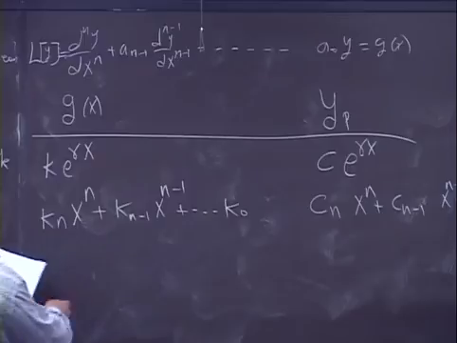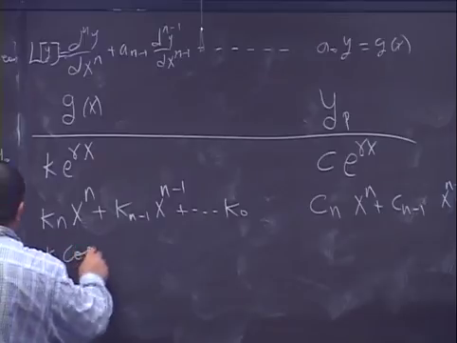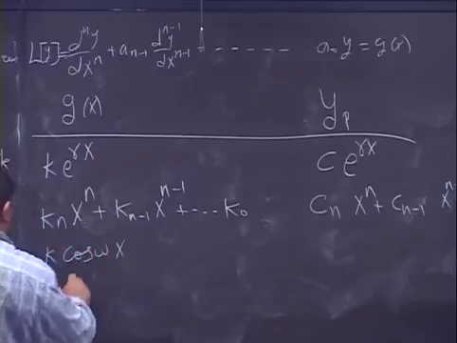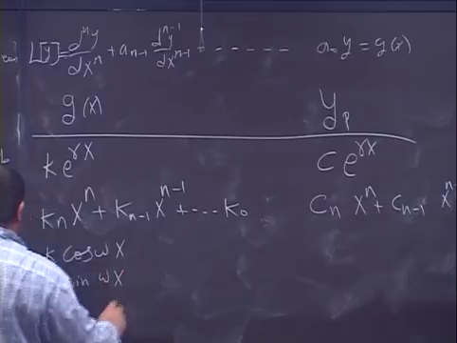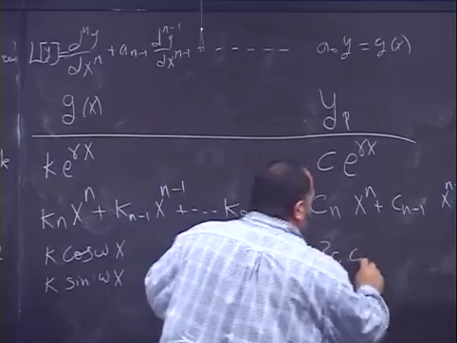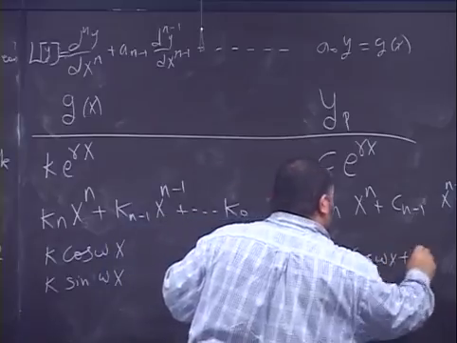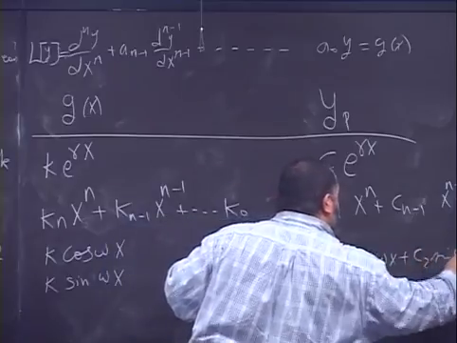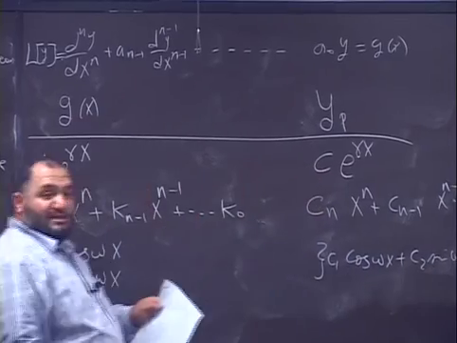So what if your function is k cosine omega x or k sine omega x? You will look for solution C1 cosine omega x plus C2 sine omega x. Okay guys?